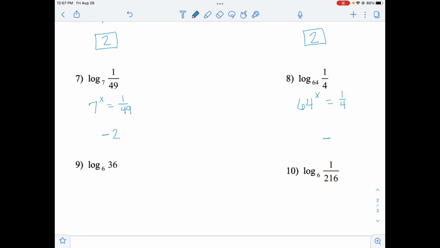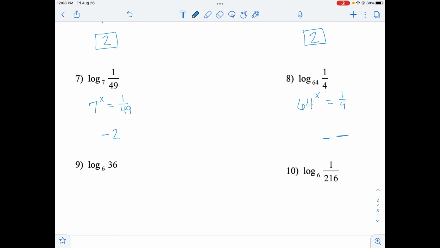But if I think about something to get to 4, I'm getting smaller than what I'm given. So I've got to think about square roots, cube roots, things like that. I'm looking for what number to make it smaller. I know this is going to be a fraction, so I'm going to have a fraction answer.